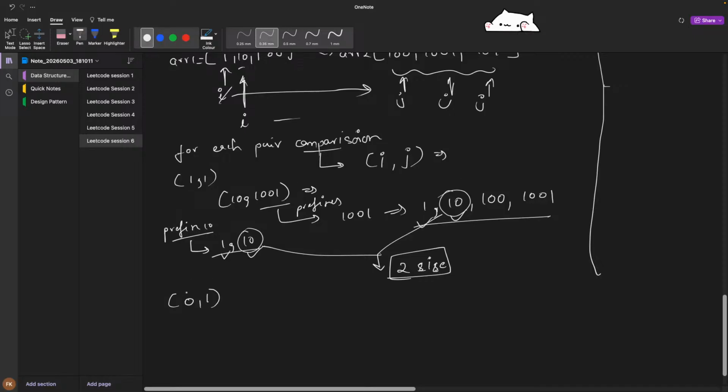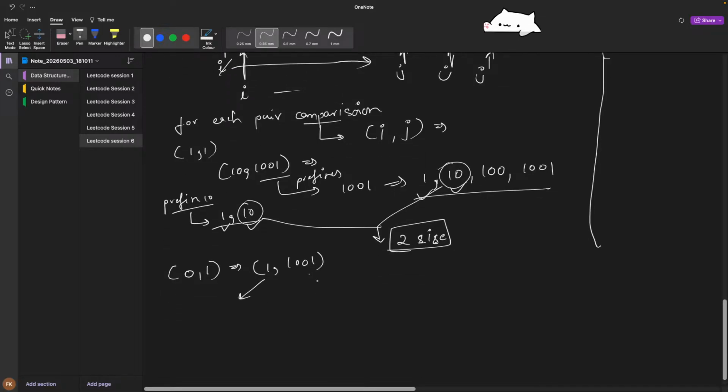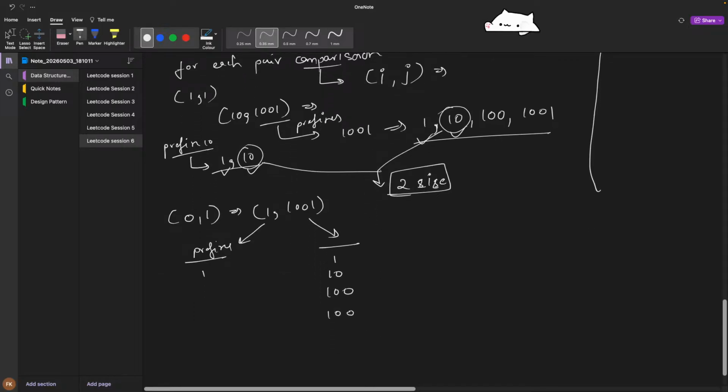Let's just say I went with 0 comma 1, which are 1 and 1001. I'm going to calculate the prefixes again. The prefix here is 1, and for 1001 they are 1, 10, 100, 1001.